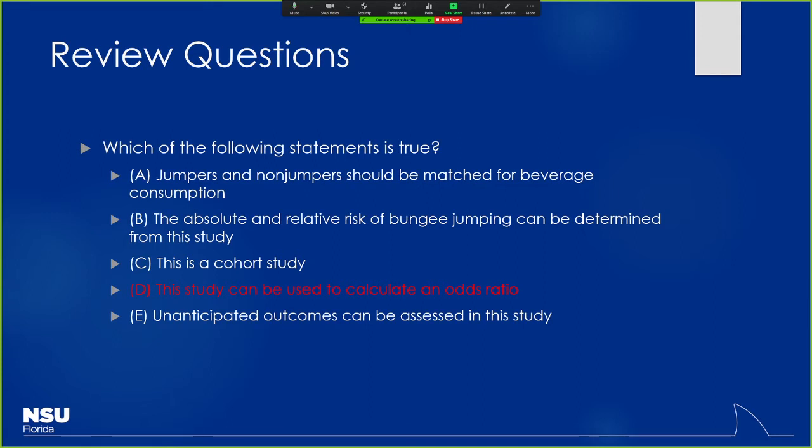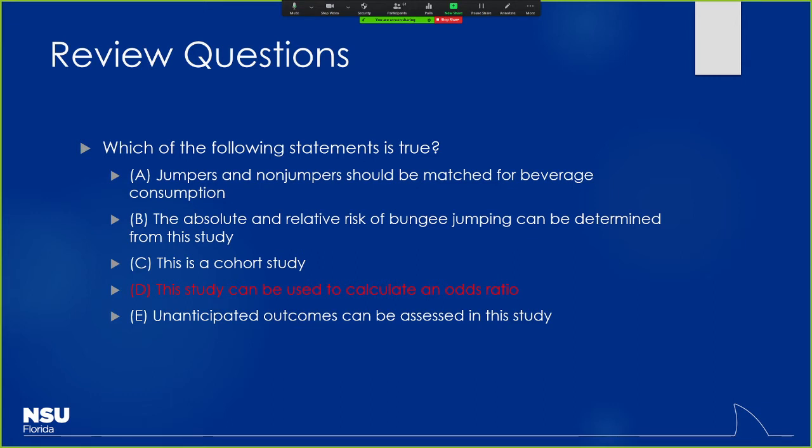That's what we're trying to figure out. So drinking Mountain Dew or not is the risk factor. If we match only Mountain Dew drinkers with other Mountain Dew drinkers, then they are too closely matched. You couldn't tell a difference between them because you're only comparing people who drank Mountain Dew with other people that did as well. So it doesn't really work. That's a case where you can sometimes overmatch people in these case control studies.